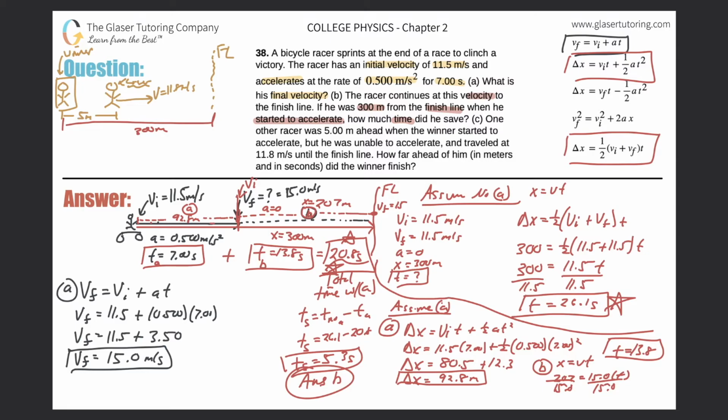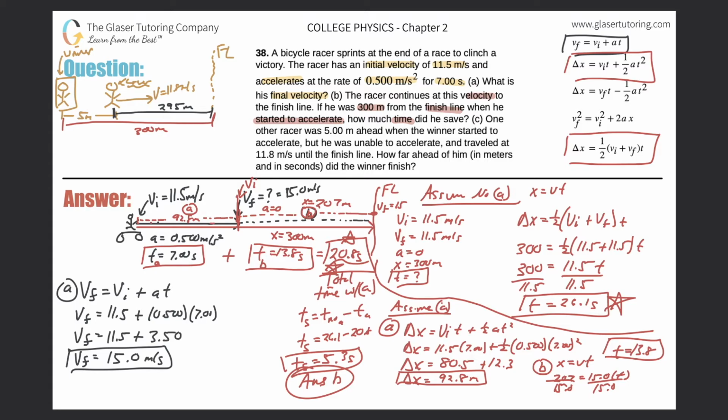And that means that the distance from the loser to the finish line would simply be 295 meters because he's 5 meters ahead of the winner.